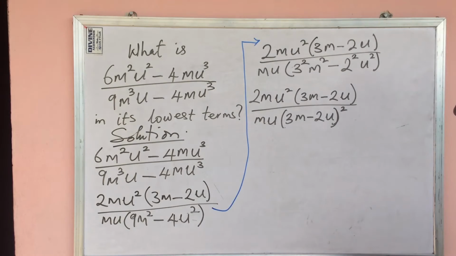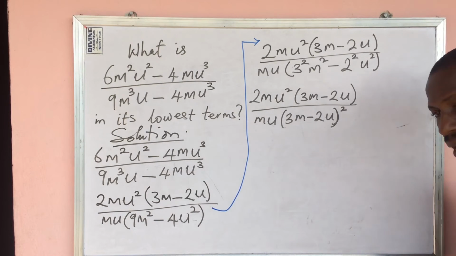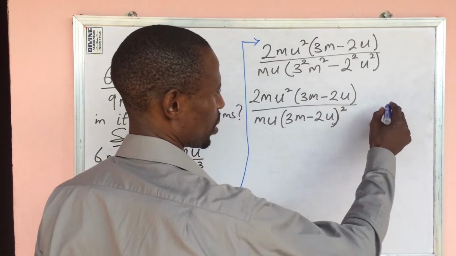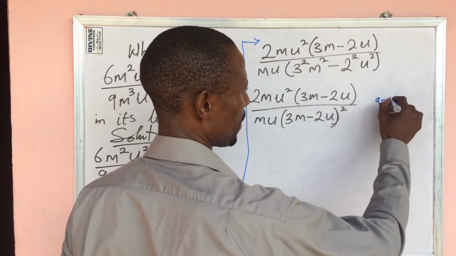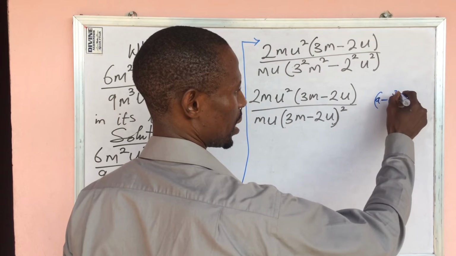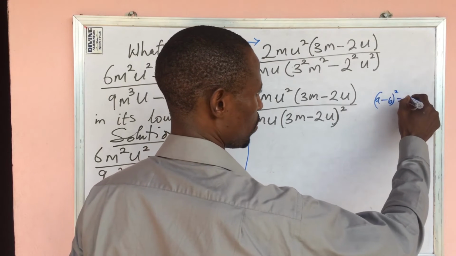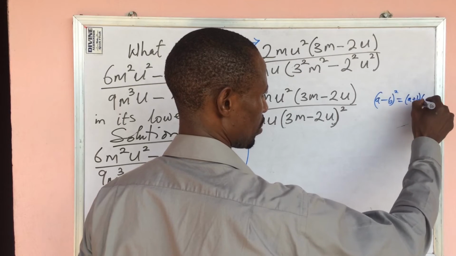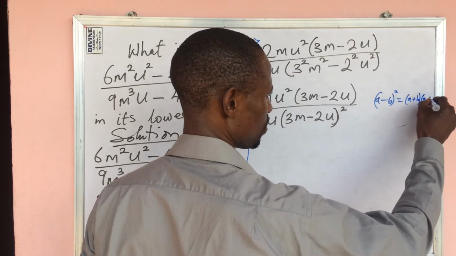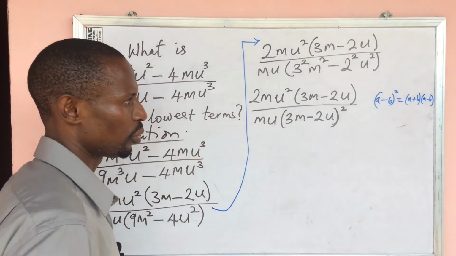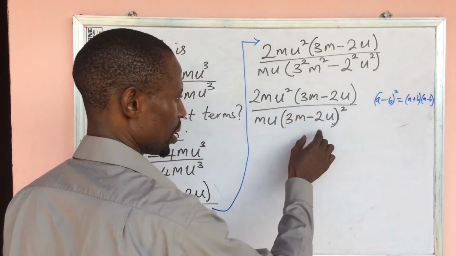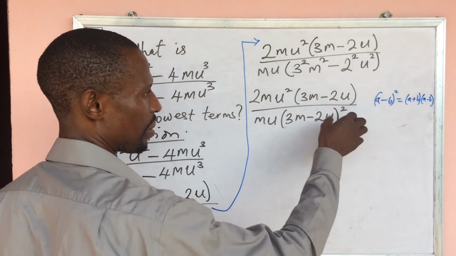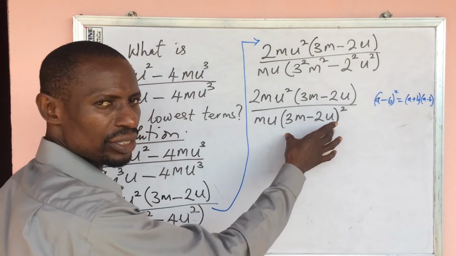Now, we make use of what is called the difference of two squares. The difference of two squares says that a squared minus b squared is equal to bracket open a plus b, bracket a minus b, close bracket. So this expression is the same thing as this. So we can bring this form out of here.